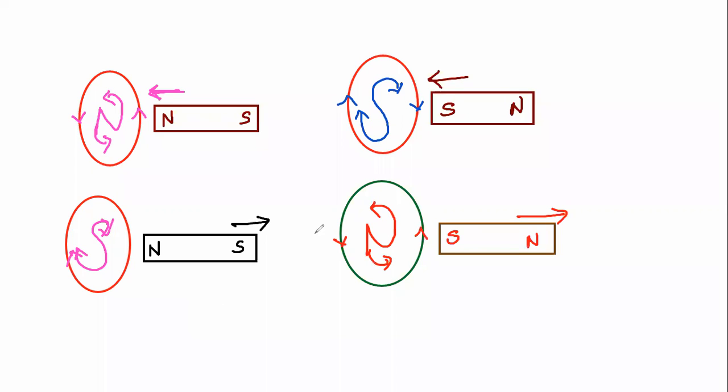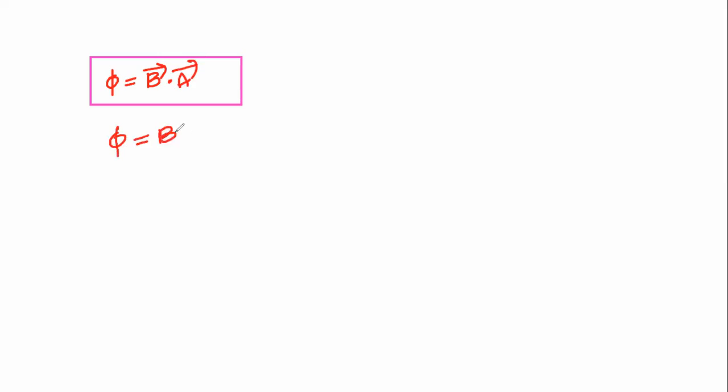Okay. So then magnetic flux phi is equal to what? Magnetic flux phi is equal to B bar dot A bar, or flux phi is equal to BA cos theta. For a single turn.